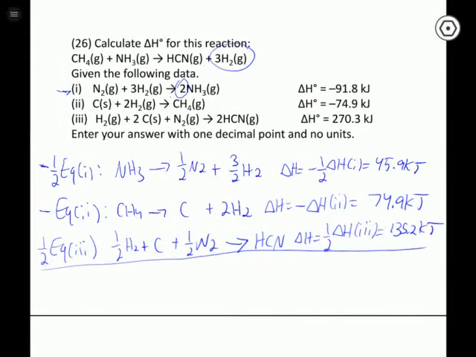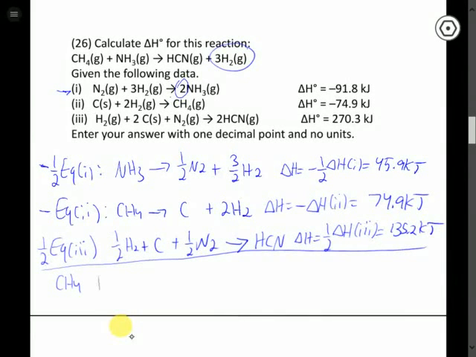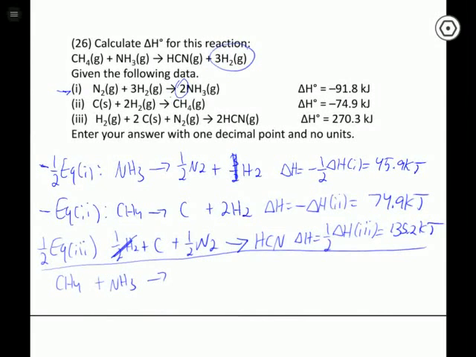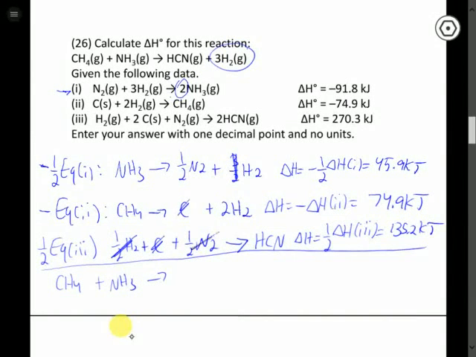So when we add these together, our CH4 carries through, it doesn't cancel out. NH3 also. And then we have over here 1/2 H2. So that'll cancel out partially with this over here. So then we'll have 3 H2 on the product side. So that H2 cancels out with what's on the product side. We have this carbon here cancels out, and this 1/2 N2 cancels out up here.